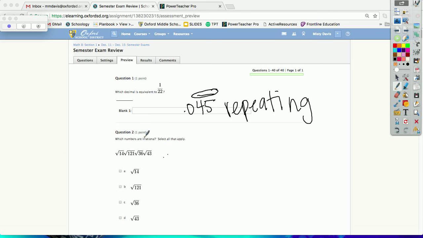All right, number 2, it's saying which numbers are irrational. So going back to rational versus irrational, all numbers are rational except for a very select few. The only irrational numbers are numbers that keep going without a pattern, like decimals, like 2.34782, and there's not an actual pattern.